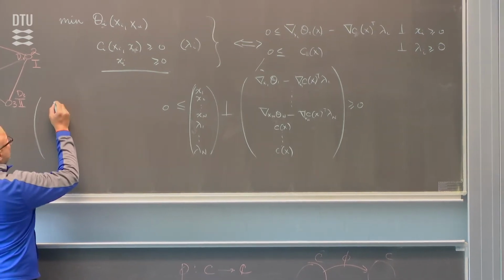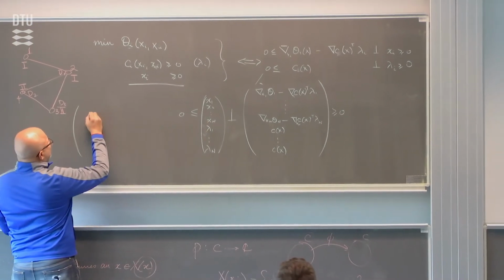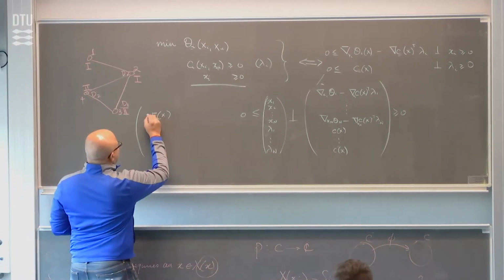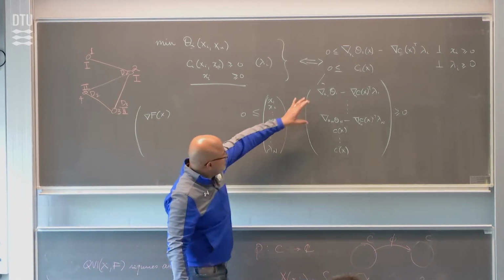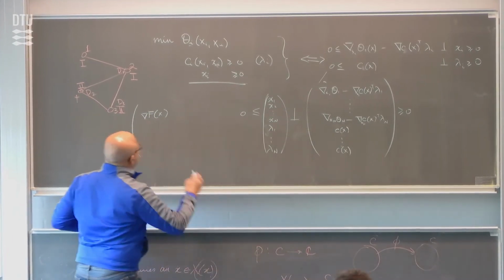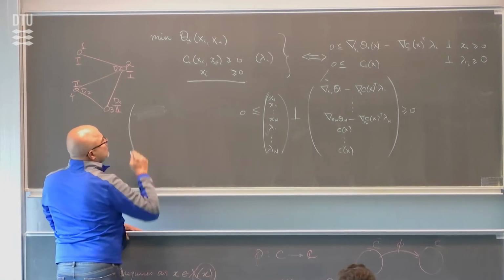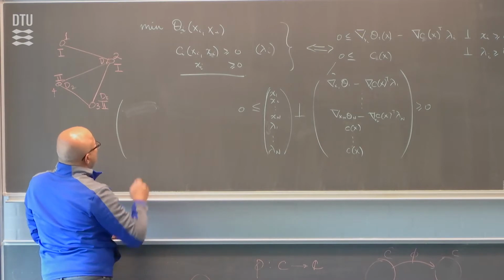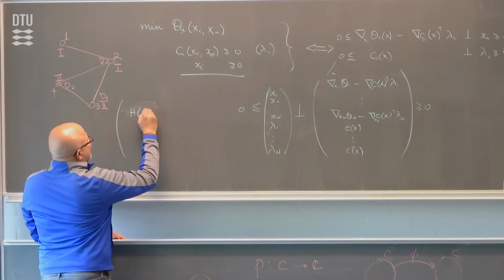You're going to get the Jacobian of f, which captures, actually I should note, you have to get the Hessian of the Lagrangian here. So I'm just going to call this h of x lambda.